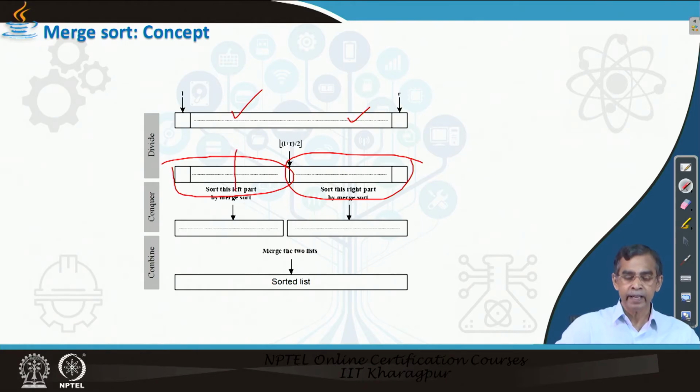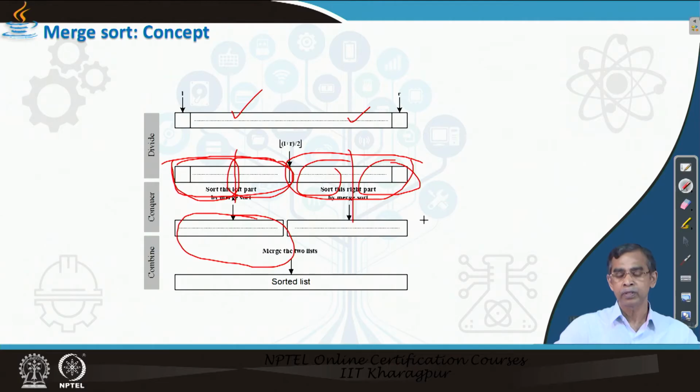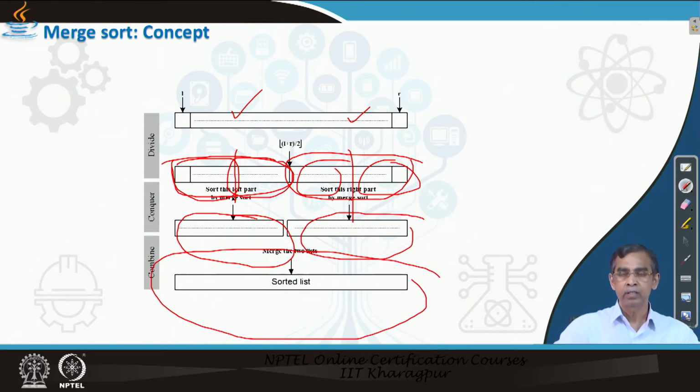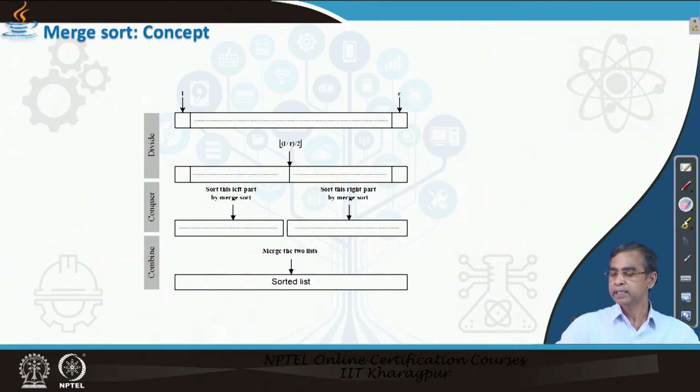Next time we can again divide the problem into size n by 4 each, and so on. Each time, merging the n by 4 lists gives a sorted list of size n by 2, and finally merging two sorted lists of size n by 2 gives the final sorted list of size n. This concept is followed here, and this is the idea of merge sort.